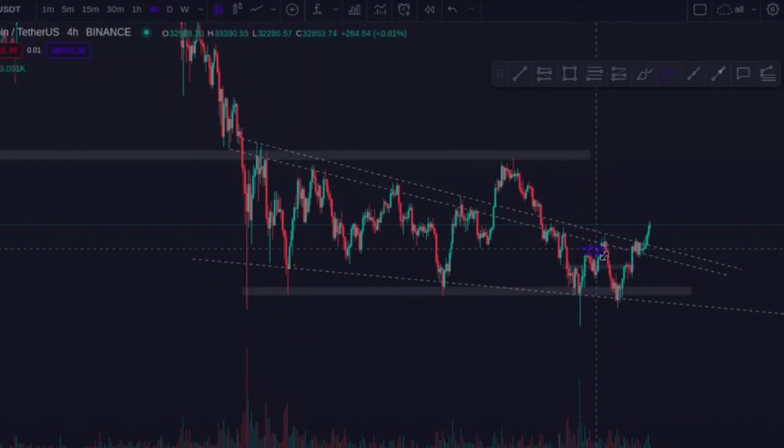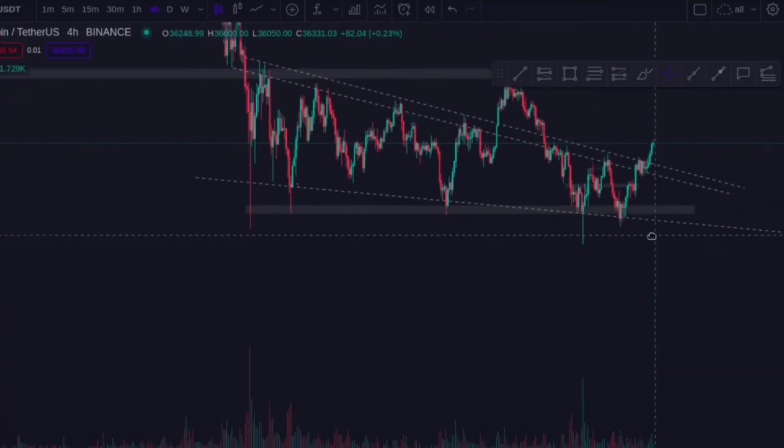Then prices went up again to hit this resistance, and then we fell back. This gave us an early sign that we might be forming a double bottom. Then we finally confirmed the double bottom pattern, and then we broke out. We can also see that we have this falling wedge pattern.